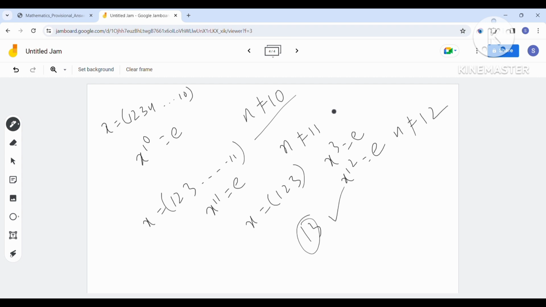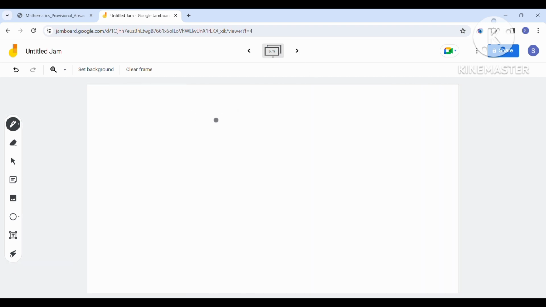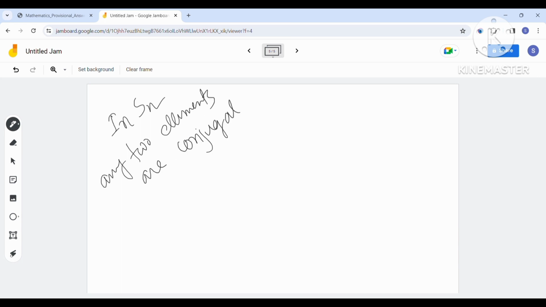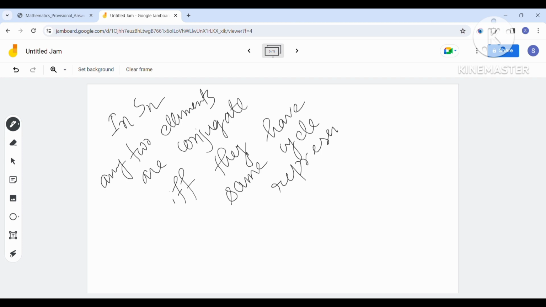To do that, you can use a very important and interesting result that in Sn, any two elements are conjugate if and only if they have the same cycle representation.